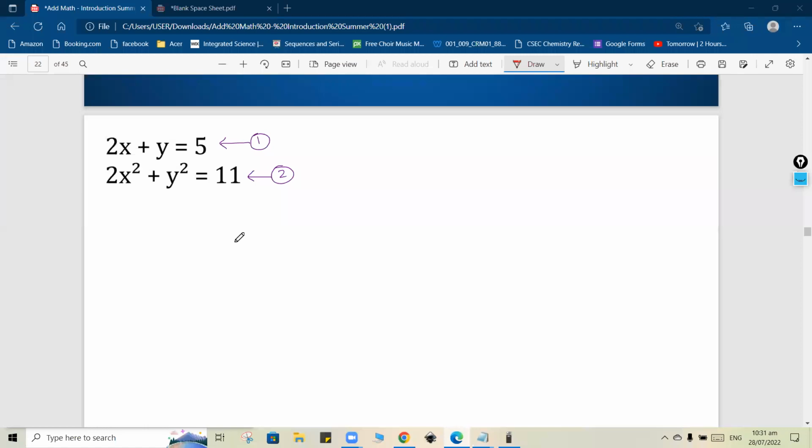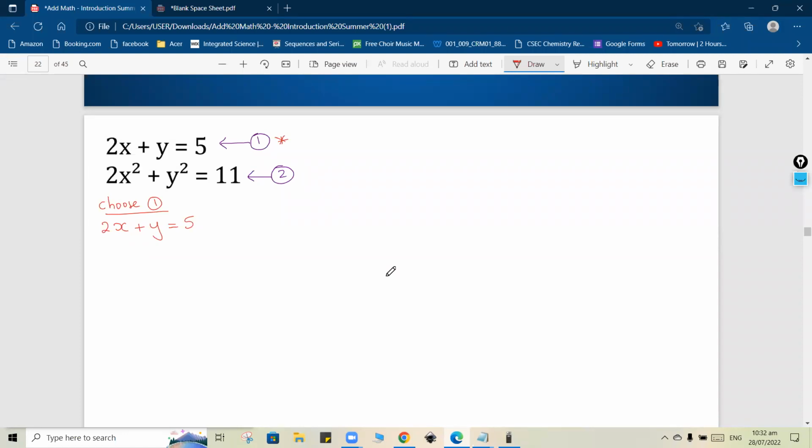I just want to make sure that we're on the right track. Remember, we always choose the easier equation. Well, the easier equation here is obviously equation 1. So we choose equation 1. So that's 2x plus y. When we choose equation 1, we either have to make x the subject or y the subject.